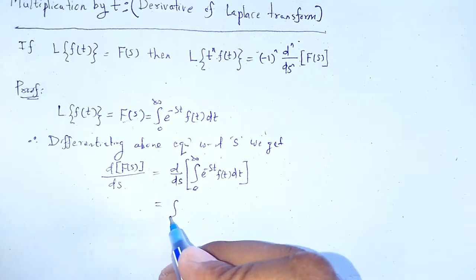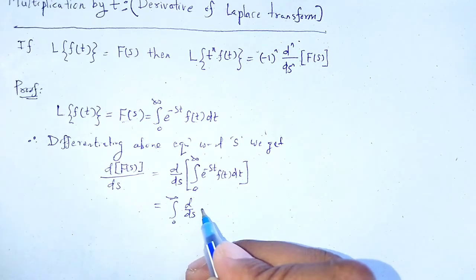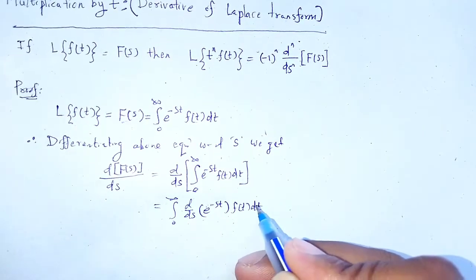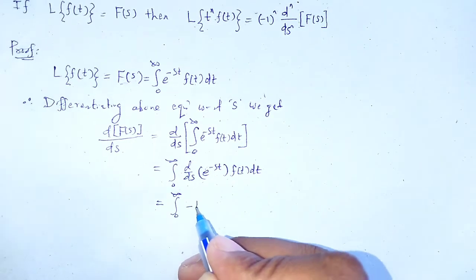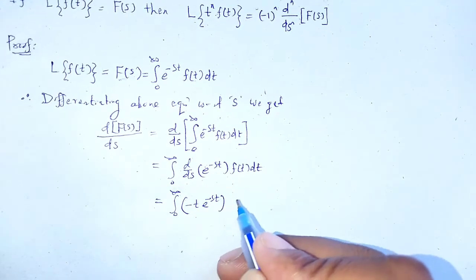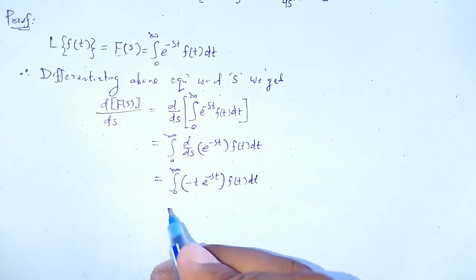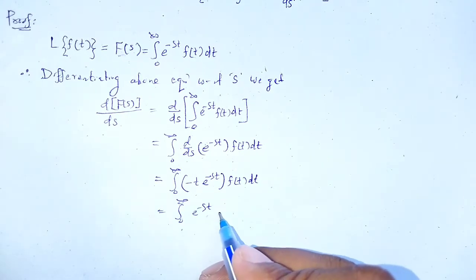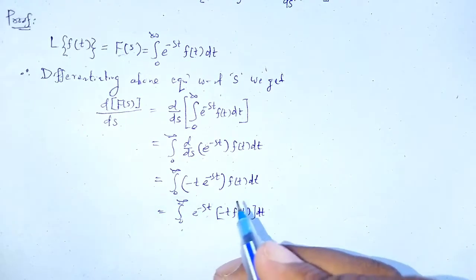which is equal to the integration from 0 to infinity of d by ds of e to the power minus st f(t) dt, that is, the integral from 0 to infinity of minus t e to the power minus st f(t) dt, its differentiation with respect to s, which is equal to the integral from 0 to infinity of e to the power minus st times minus t f(t) dt.